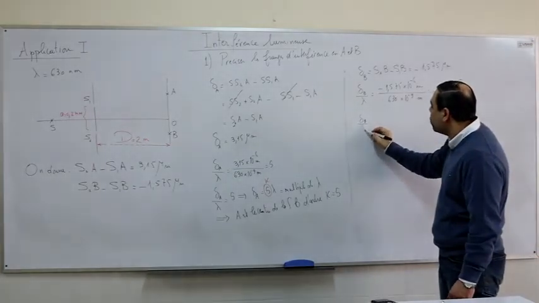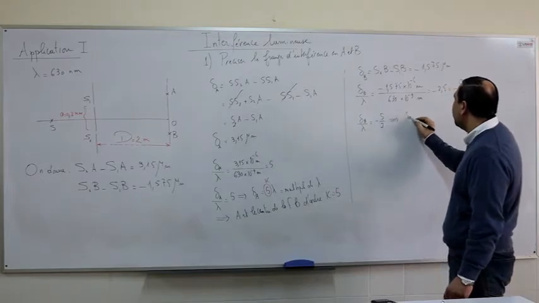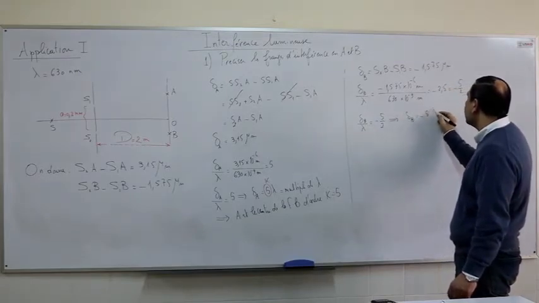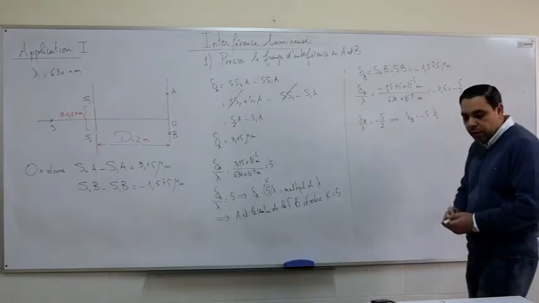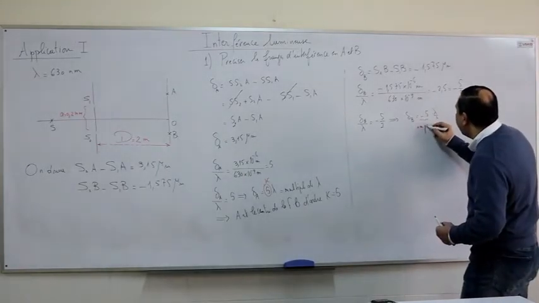As a result, delta B over lambda is equal to minus 5 over 2. Therefore, delta B is equal to minus 5 lambda over 2.